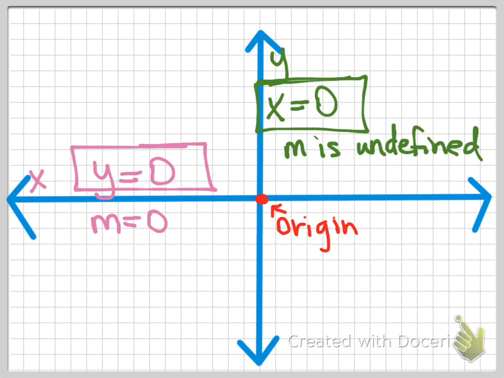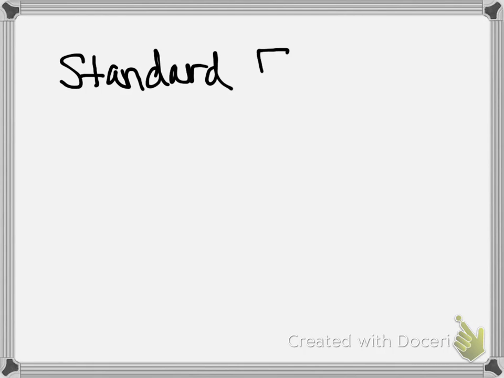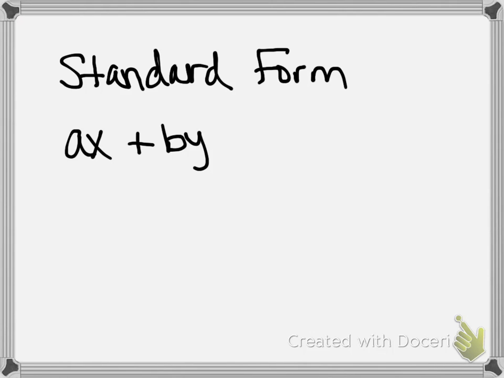So on this activity, when you get to number 36, things take a little turn because you no longer have those given to you in slope-intercept form. The equations are given in standard form, which looks like ax plus by equals c.